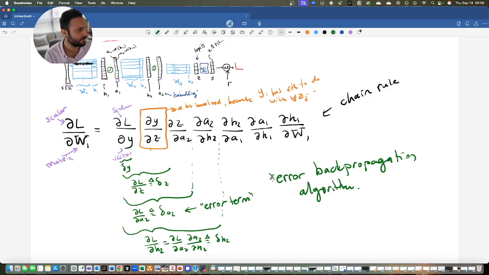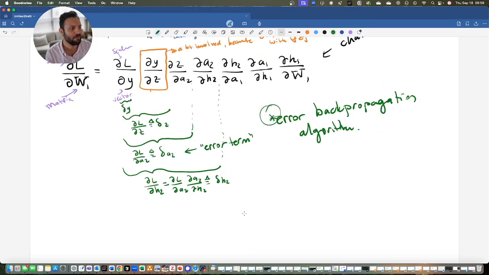It is going to become more obvious as we continue that in order to calculate the derivative with respect to W1, we are not going to start from W1. We're not going to calculate everything, saying now I have W1, and I go to W2, and I go to W3. We're not going to do that.